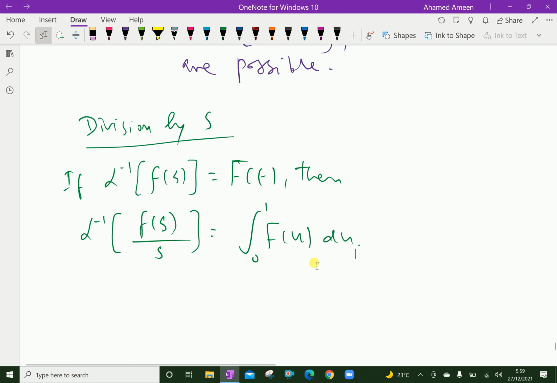Thus division by s, or multiplication by 1 over s, has the effect of integrating f of t from 0 to t.